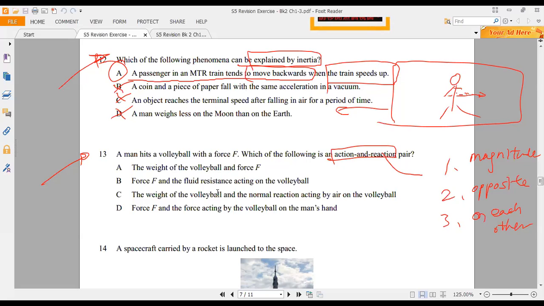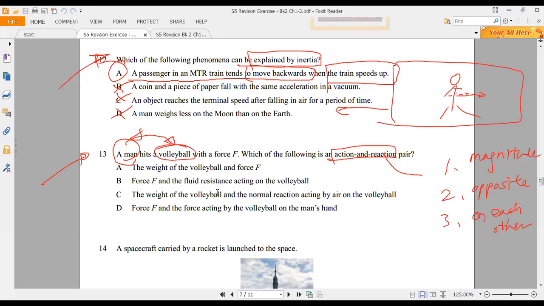So now, a man hits a volleyball. You don't need to look at the option given. You should know that the answer should be the volleyball providing a force on the man. Volleyball on the man, right? It's like mutual, hitting each other.